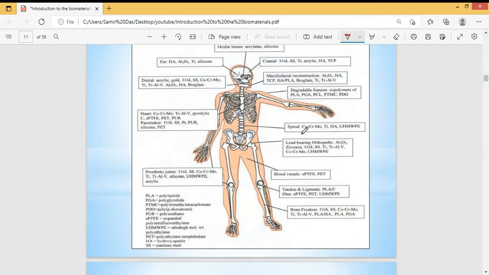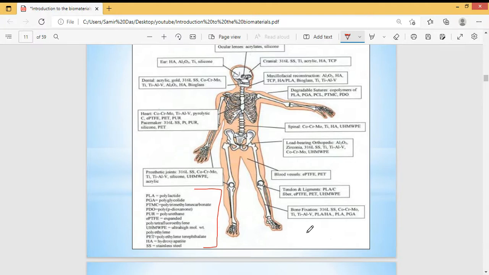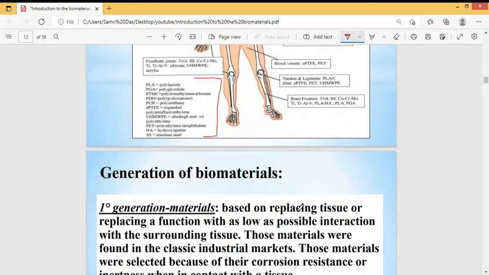For the spinal cord, cobalt, chromium, molybdenum, ultra high molecular weight polyethylene. This is a brief description of which material is used for which part, based on mechanical, chemical and physical characterization.